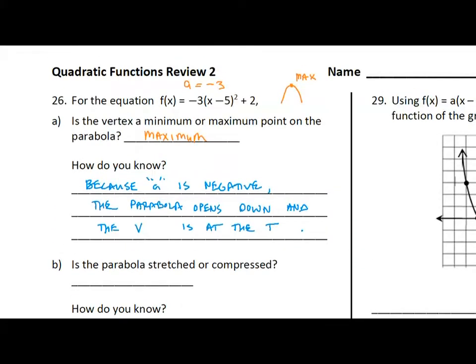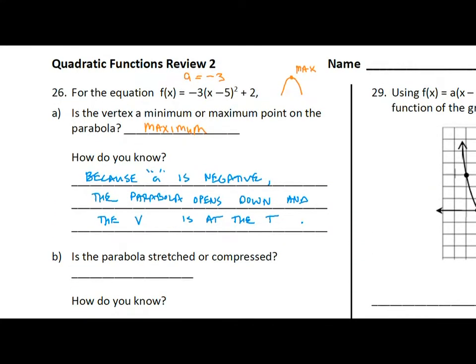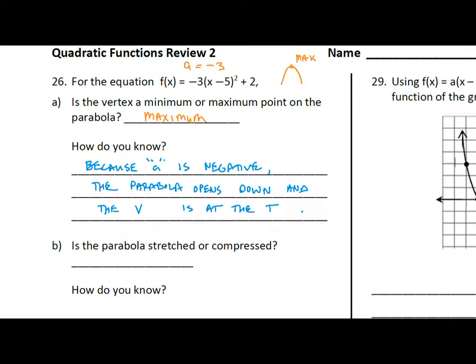Alright, is this parabola stretched or compressed? Well, in this case, if you look at the a value is negative 3, that means the absolute value of a is equal to 3, because absolute value means just look at the positive part. And we know that when the absolute value of a is greater than 1, we have a stretch.